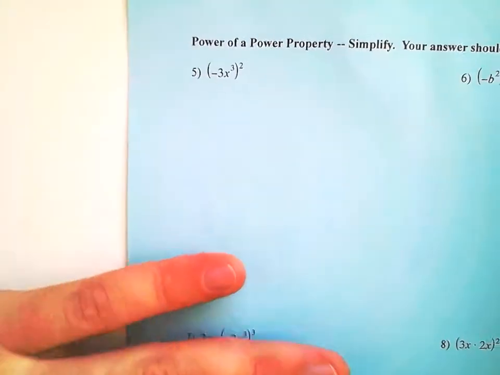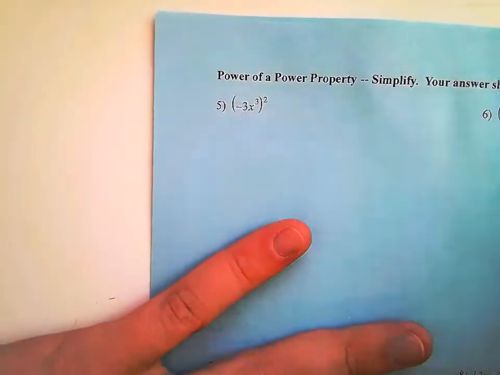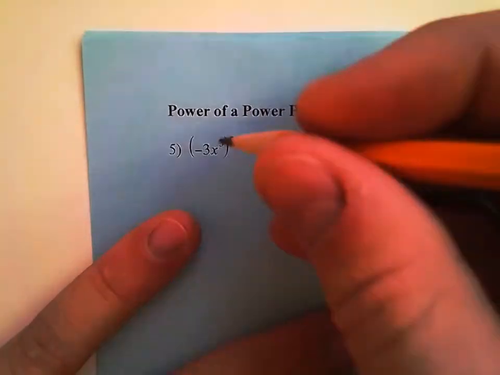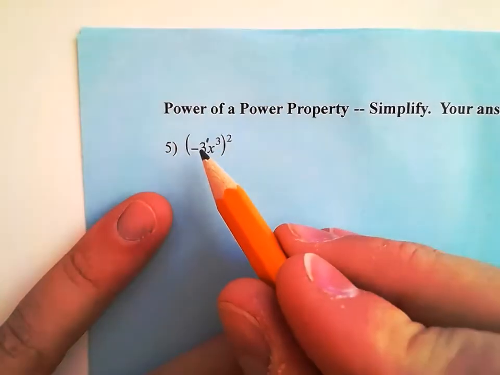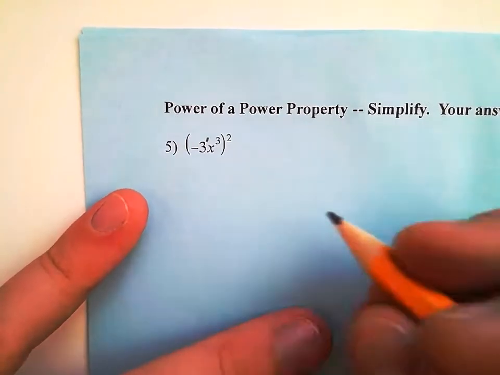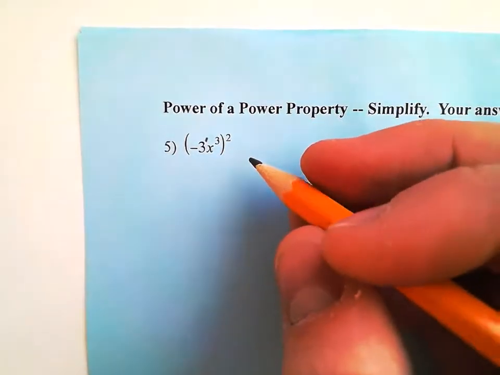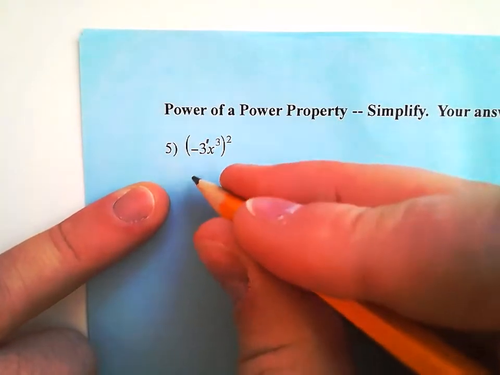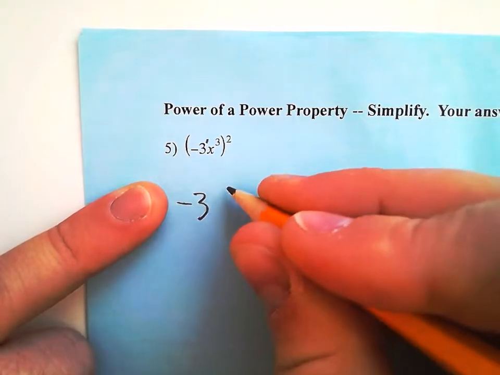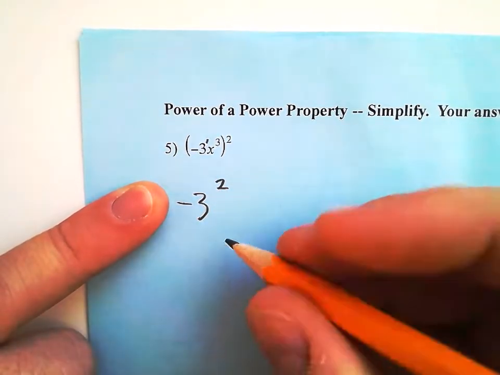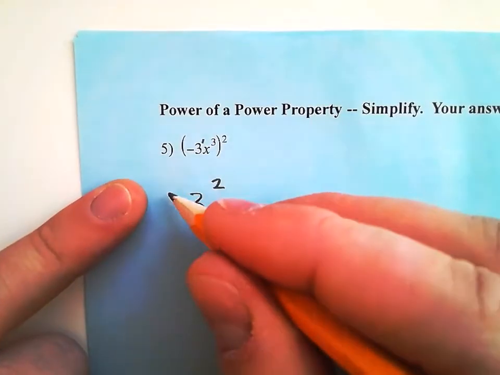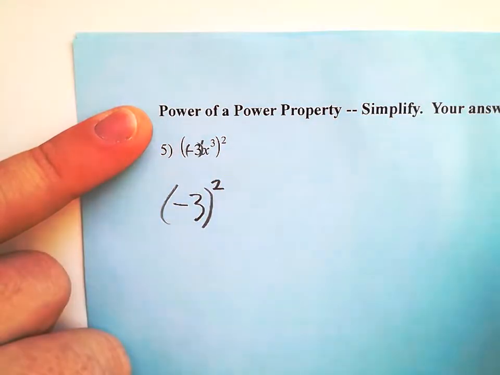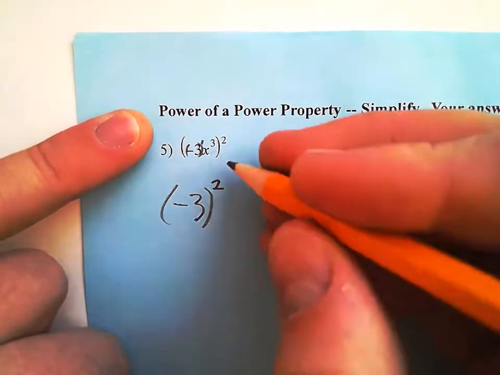On number 5, you have to remember the power of a power property. Power of a power, you multiply the powers, but you have to do it to everything inside that parentheses, because that's negative 3 to the first. Multiply that exponent will give us negative 3 squared. And I'm going to put this in parentheses. So that's negative 3 to the first squared.